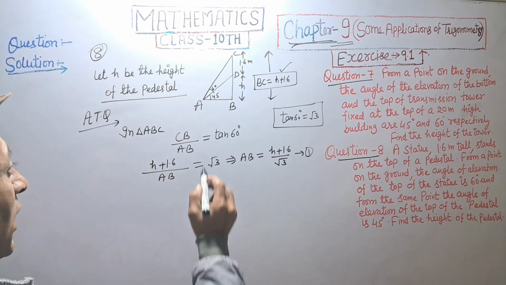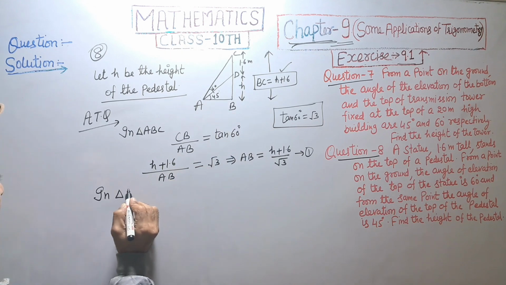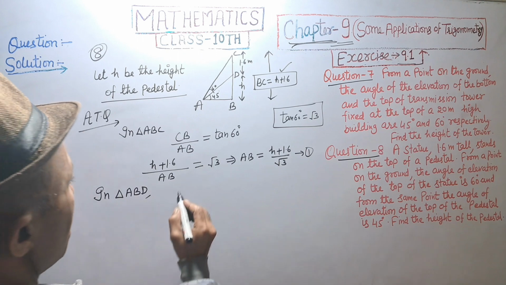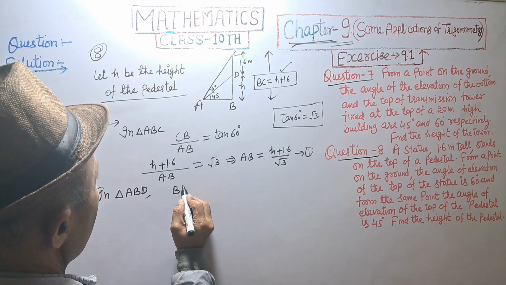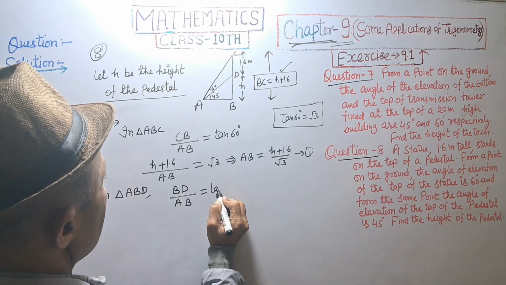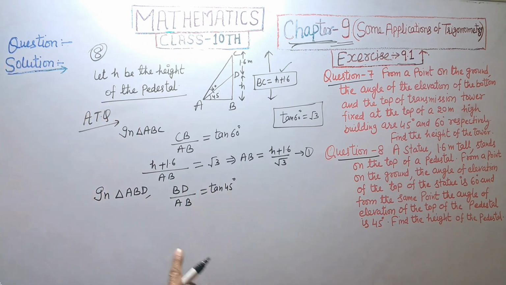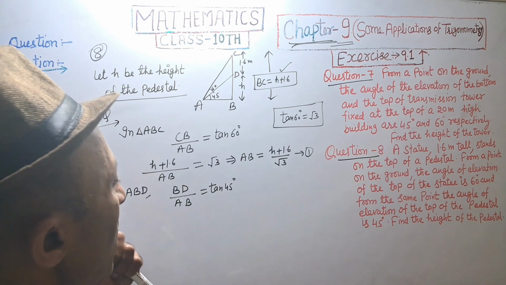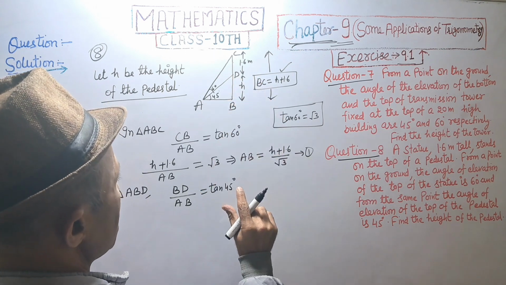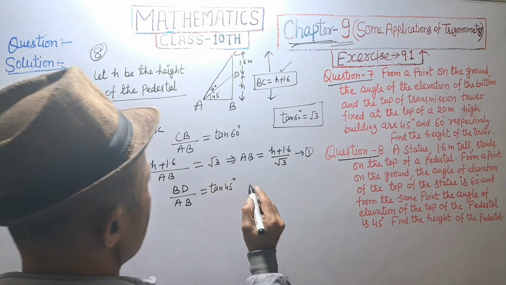And we are taking another triangle ABD. In triangle ABD, BD upon AB is equal to tangent 45 degree, and we know that tangent 45 degree is equal to 1, and BD is equal to h, that is the height of the pedestal we want to find.